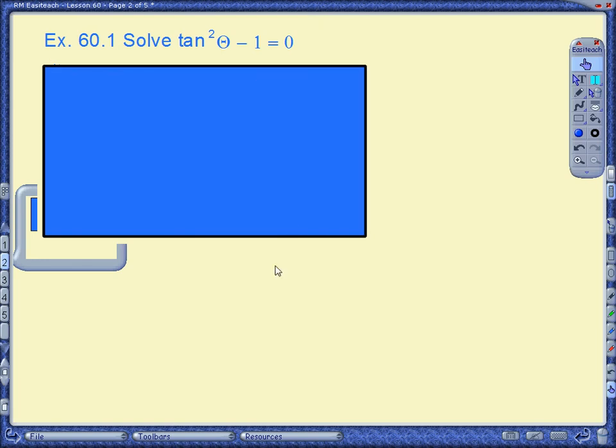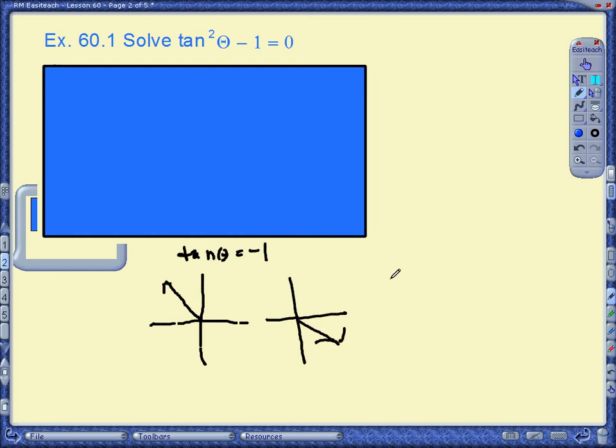Okay, you should always draw your diagrams too. So for the first one, we had tangent equal to -1. We would be here, tan theta equals -1, or we would be in the fourth quadrant.